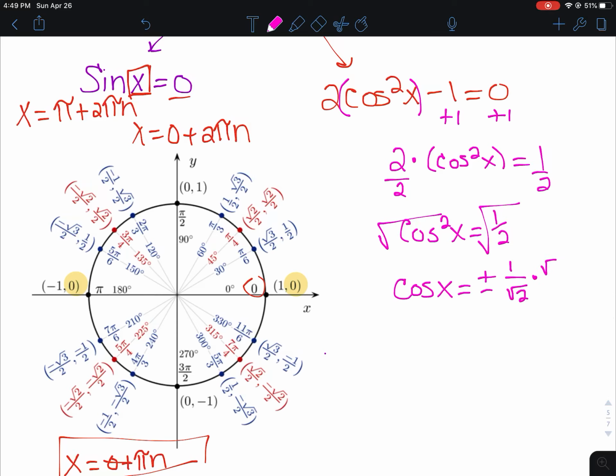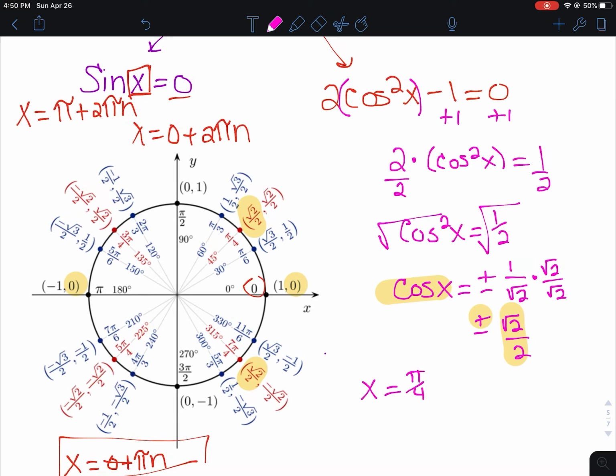All right. If I rationalize this, then we know that the cosine of x is equal to plus or minus the square root of 2 over 2. So looking at my unit circle, we have to see where is cosine equal to positive square root of 2 over 2. Well, that would be here and here.